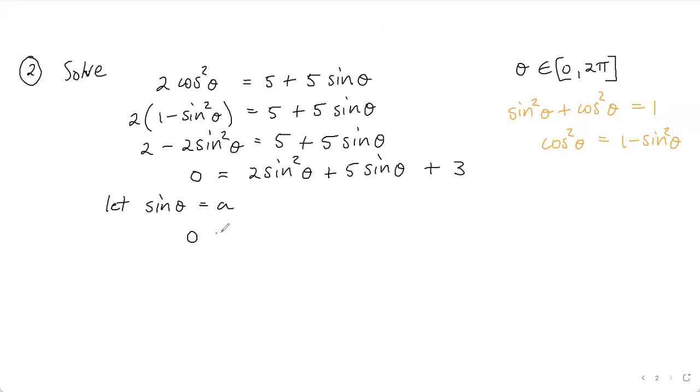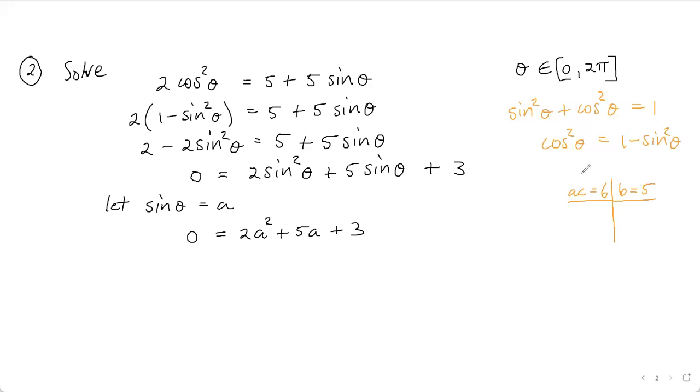So now I'll just rewrite that as 2a squared plus 5a plus 3. So hopefully you're remembering how to factorize your quadratic. I'm going to do my little thinking table over here, put a, c, and b. So 2 times 3 is 6, and b is 5.